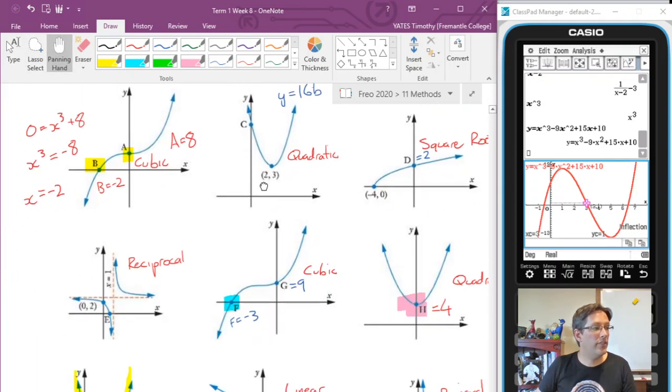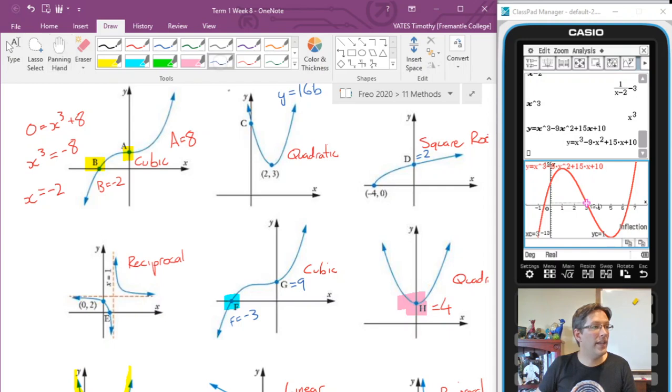If that's the case, what point is e at? So that's y is equal to 1 on x take 1 plus 3. So where's that going to be 0? That's going to be 0 equals 1 on x take 1 plus 3.